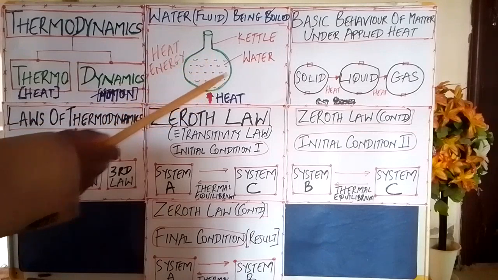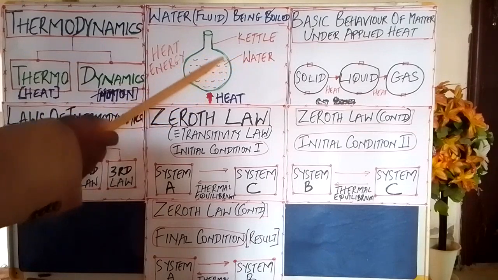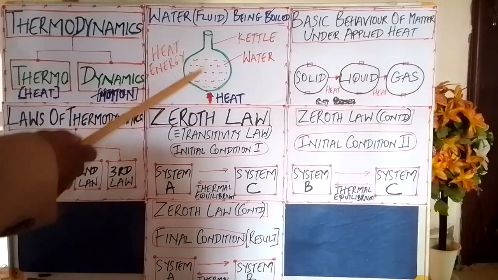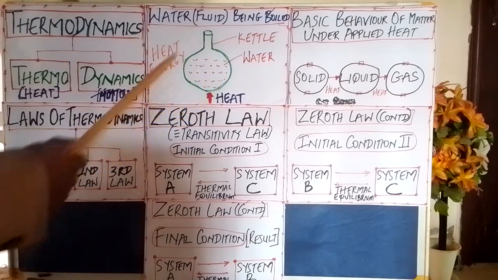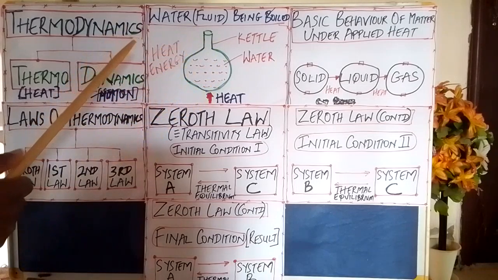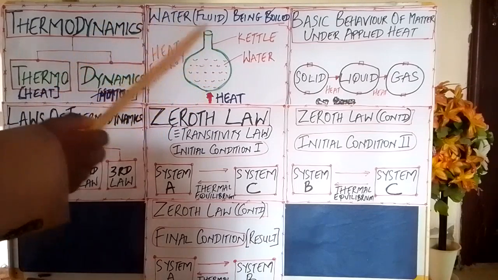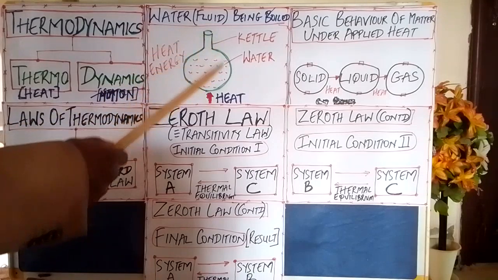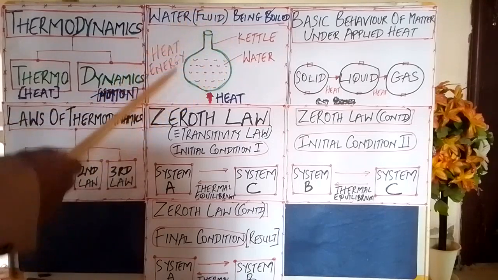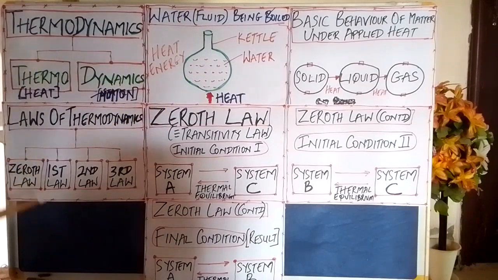You apply the heat to the water, then the water becomes hot, and there's heat energy, and that heat energy can also be used in other areas to generate other forms of energy, and the law of conservation of energy also covers this.